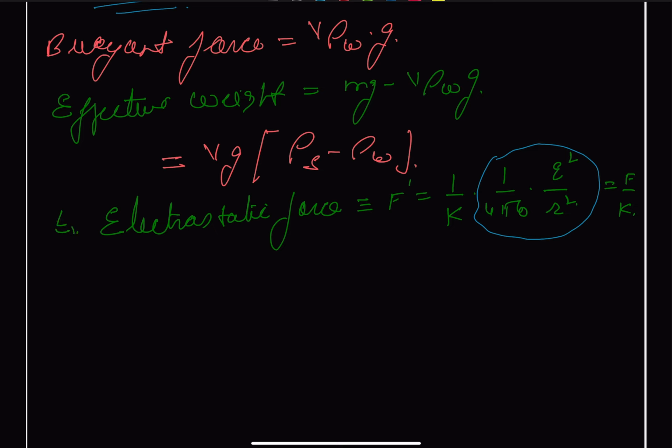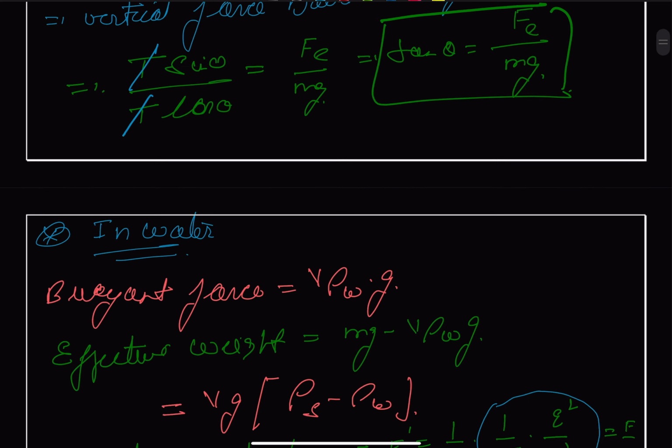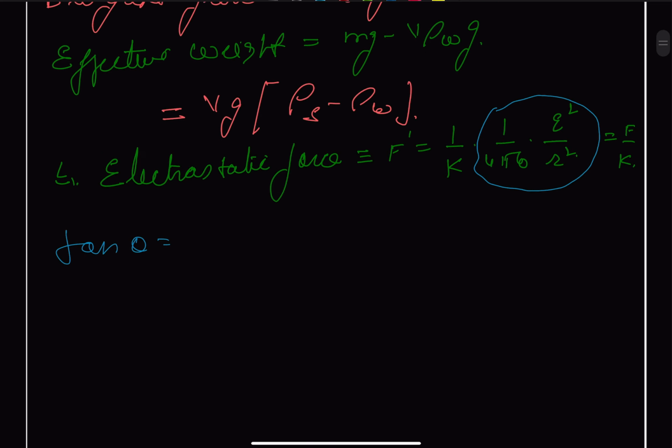So you can say tangent of theta is basically our electrostatic force, that is F upon K. Let us call this Fe, and here also Fe. So this comes as Fe prime divided by mg.